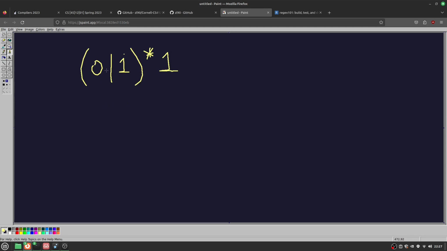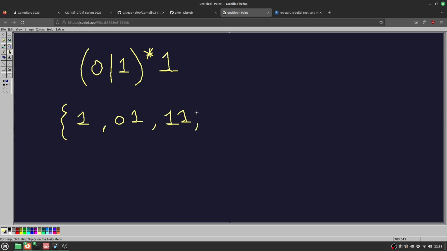becomes, that is the set containing 1. You could have 0, 1. You could have 1, 1.